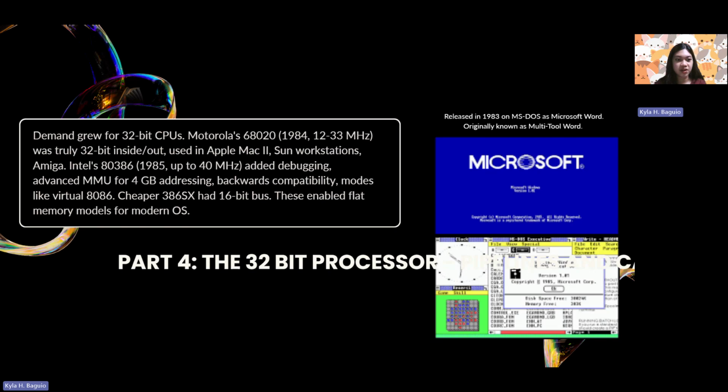So we have here a picture or image sample of Microsoft Word, which was released in 1983 for MS-DOS, originally known as Multi-Tool Word.